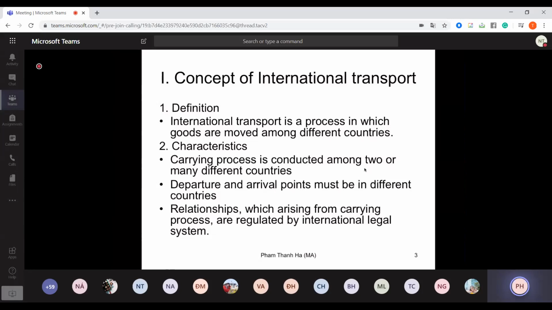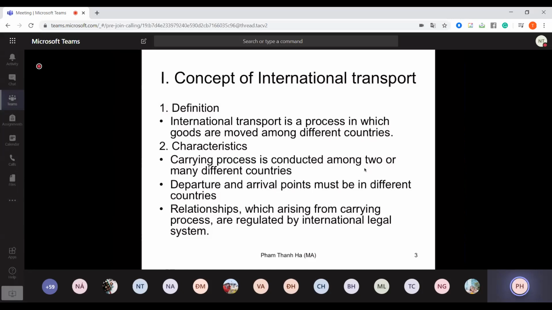The second characteristic is that departure and arrival points must be in different countries. It seems this condition is not really necessary, but I want to emphasize this characteristic in this way.